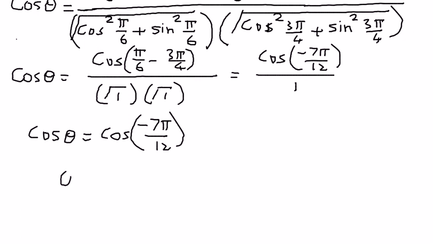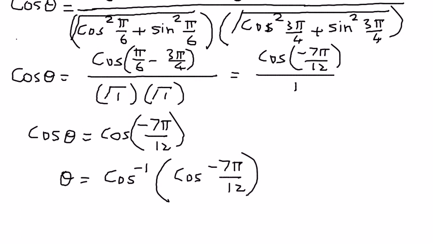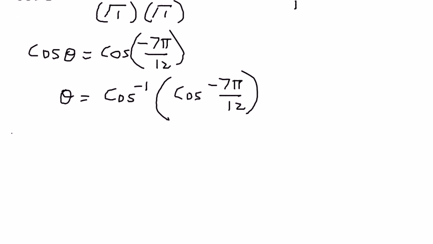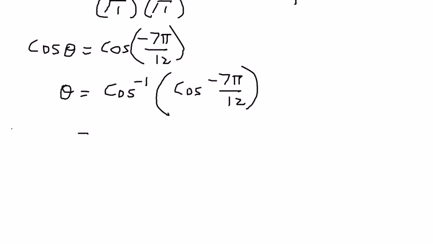Therefore we want to find the value of theta, and that is going to be equal to cosine inverse of cosine negative 7 pi over 12, isn't it? When you use your scientific calculator, you will see the value. When you enter this in your calculator, you will see the value is going to be equal to 1.836 degrees.